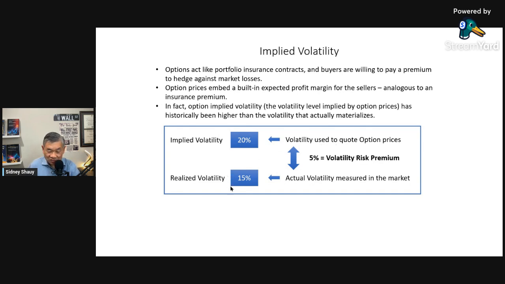That's the volatility he used to quote option prices. So he's not using the realized volatility that's in the market today. He's going to quote protection with a higher number. Why? Because he wants to make a profit. And there are other reasons too. For example, because they're in the business of selling protection to others, they are taking their risks.